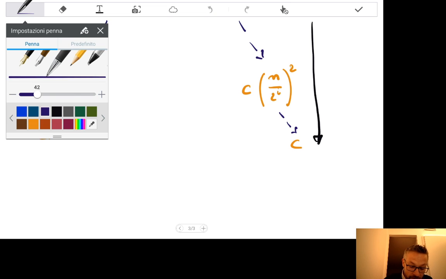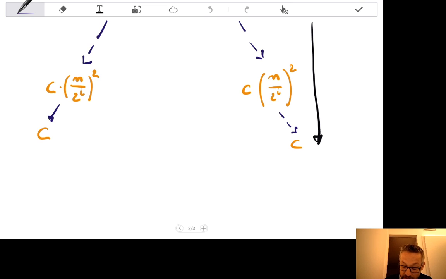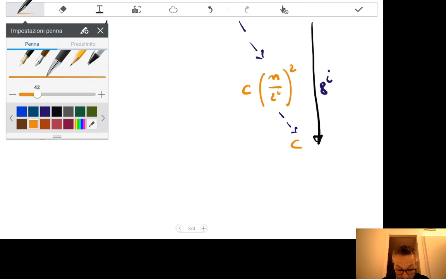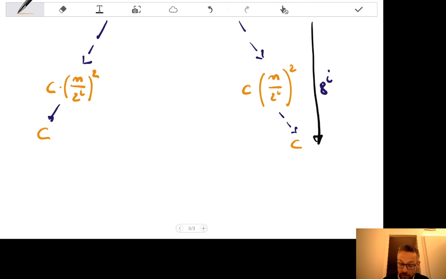Let me write this. The point is how many recursive calls we have at this level. Well, since at each level we are multiplying by 8 the number of recursive calls, the number of recursive calls at this level will be 8 to the power of I. While the cost in terms of sums for each recursive call in this level would be, of course, c times n over 2 to the I, squared.